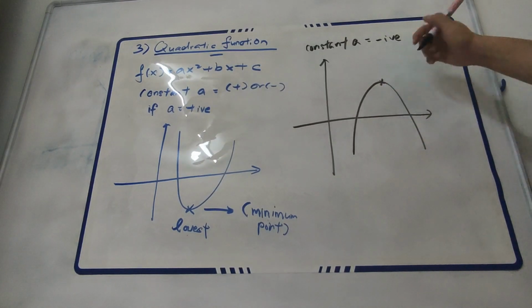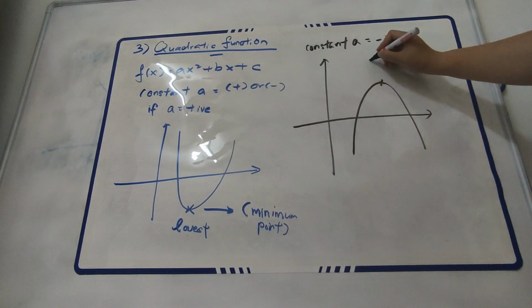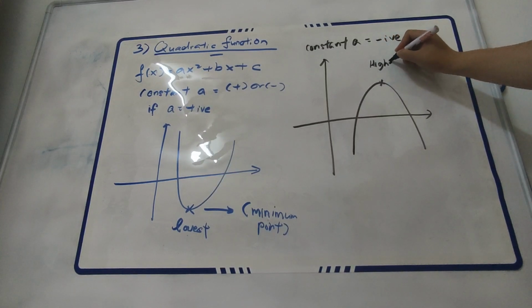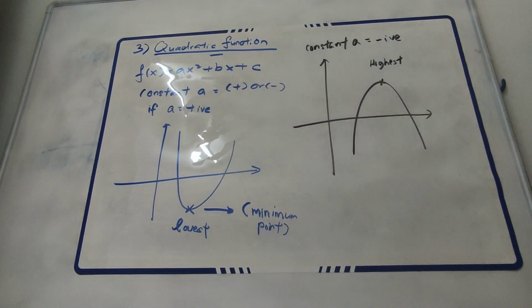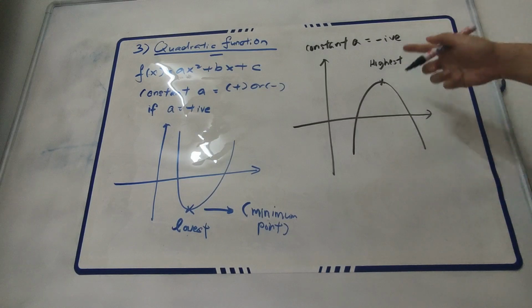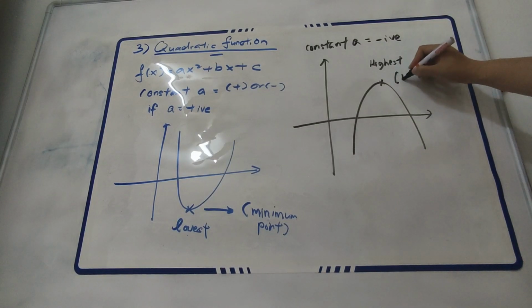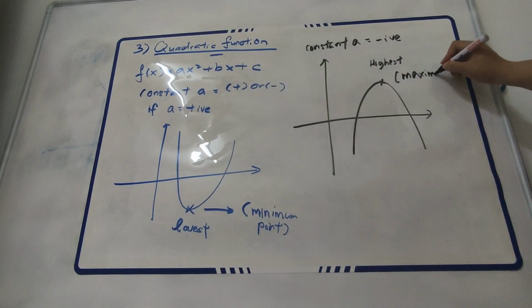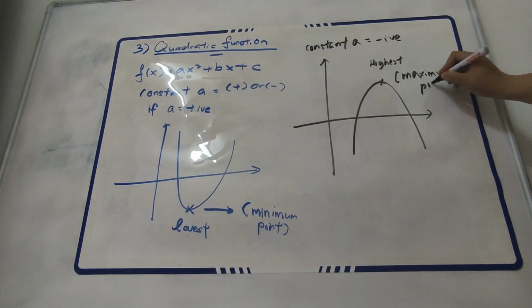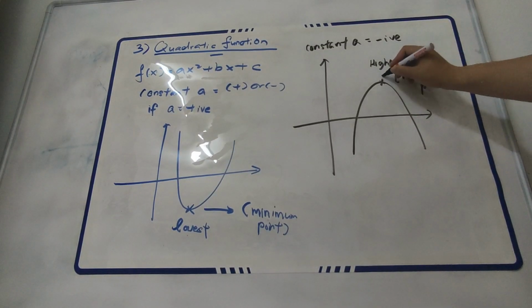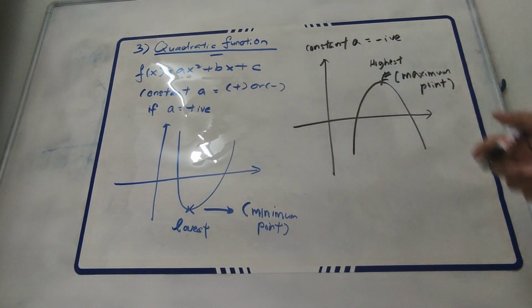And this point is the highest value in both x and y. So you will have a so-called maximum point. This one is also known as the maximum point.